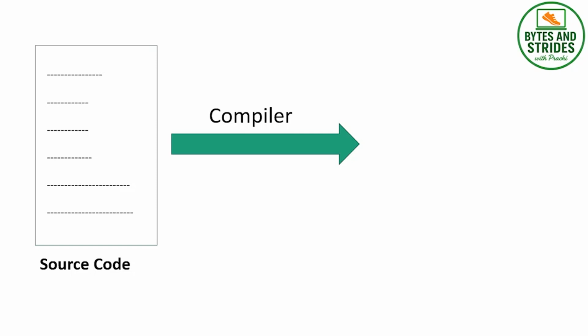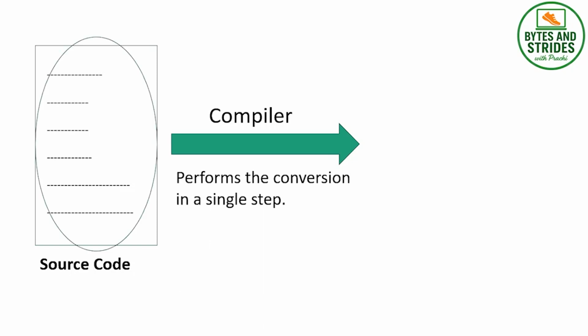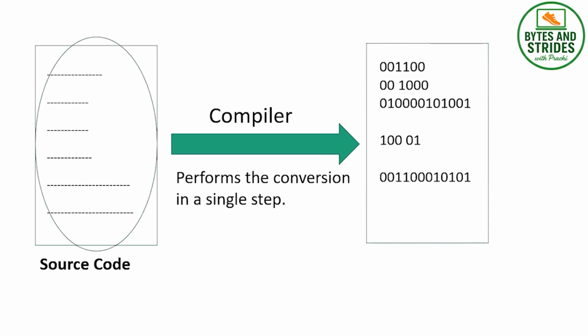Once my code is completely syntax error-free, then in one single step, my compiler will convert the whole source code into machine code. That is zeros and ones. And now my code is ready for processing. So this is a language translator which we call a compiler.